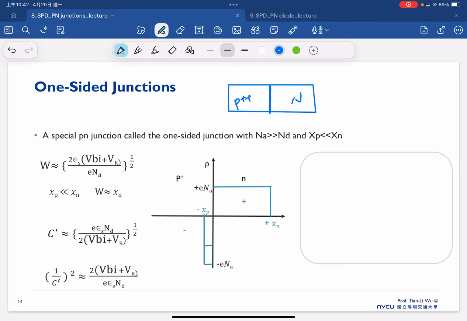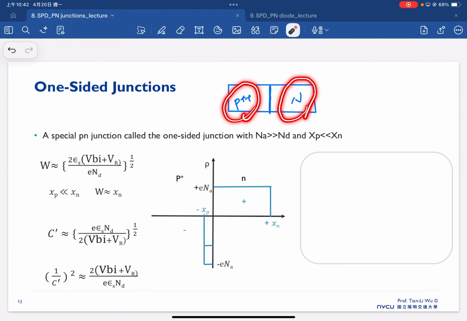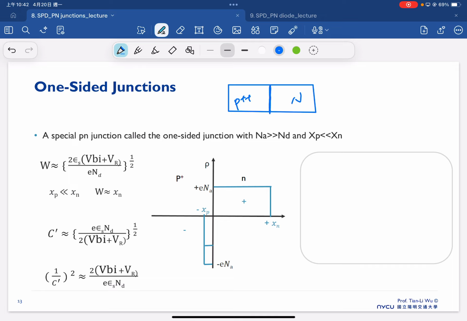In this case, this is P++ versus N, so NA must be much larger than ND, right? From the previous knowledge we already have, once we have a larger NA over ND, the depletion width on the P side must be smaller than xn.